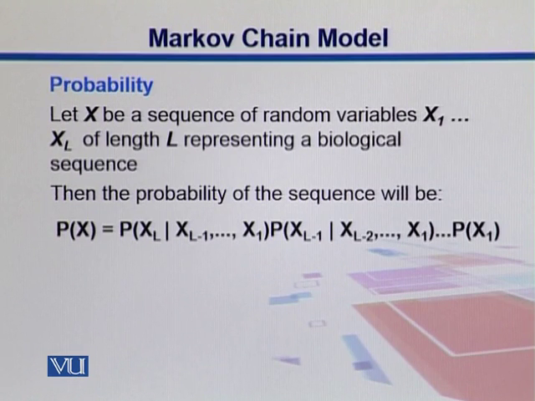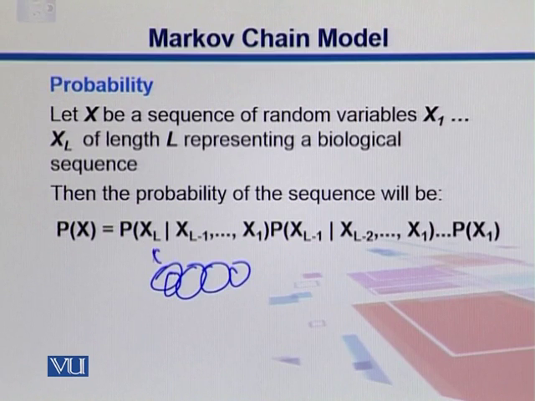So here is how we put that in a formal shape, in an equation. If we know the sequence is of length x1 to xL, let's put, for instance, these 5 circles over here: this is x1, and this is x2, x3 and x4.